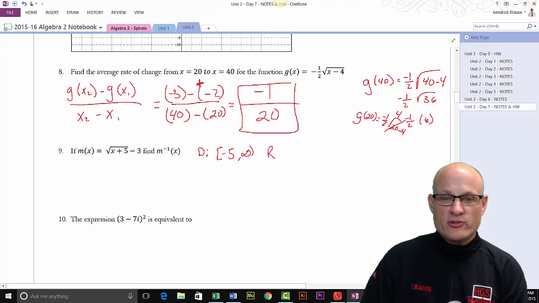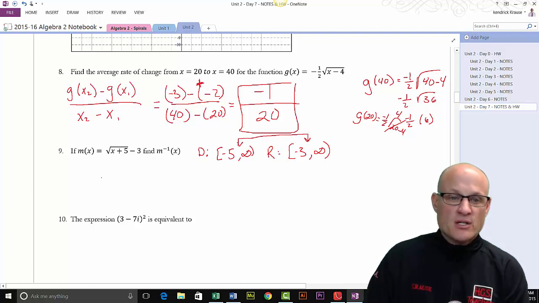And the range is negative 3 to infinity. Well, when we take the inverse, these have to switch. So let me rewrite. You already got this first step. This is going to be x equals the square root of y plus 5 minus 3.